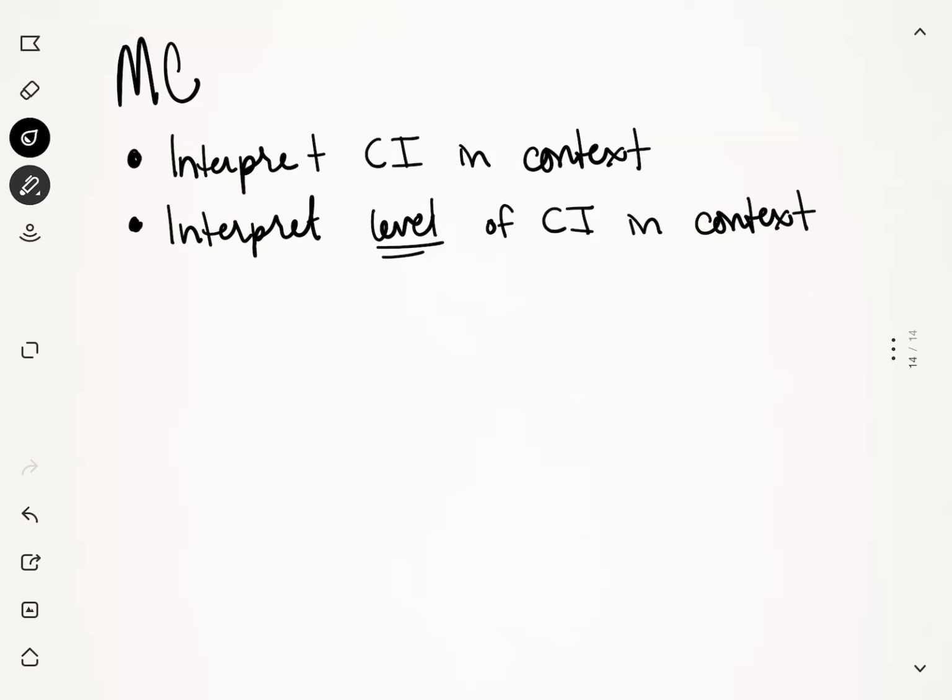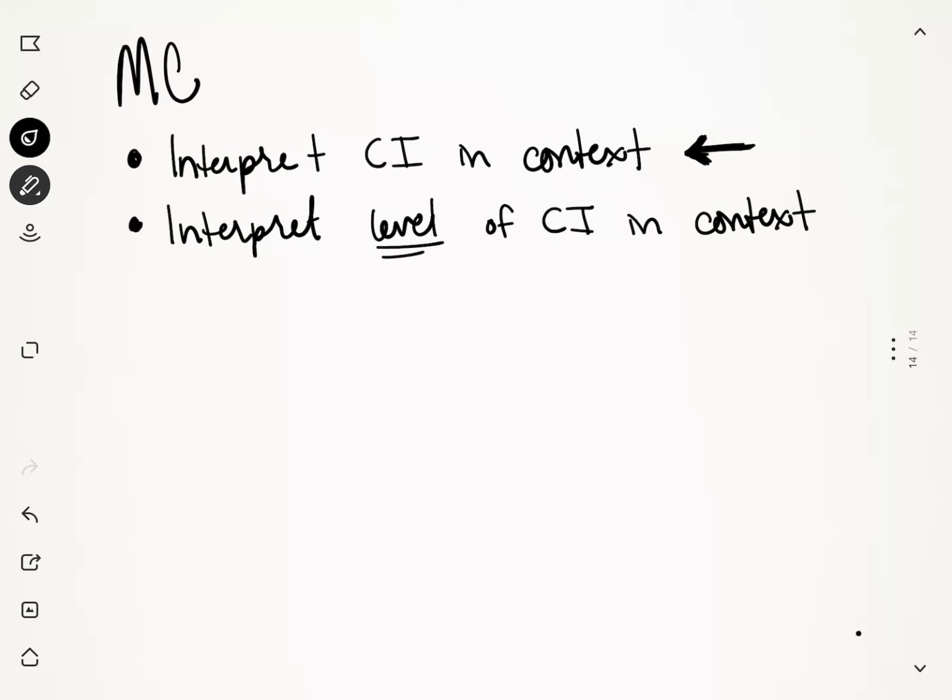If I was interpreting the interval itself, I would say something like, we can estimate with 90% confidence that the average score of the Chapter 10 test for AP statistics will fall between 50% and 95%. Okay?